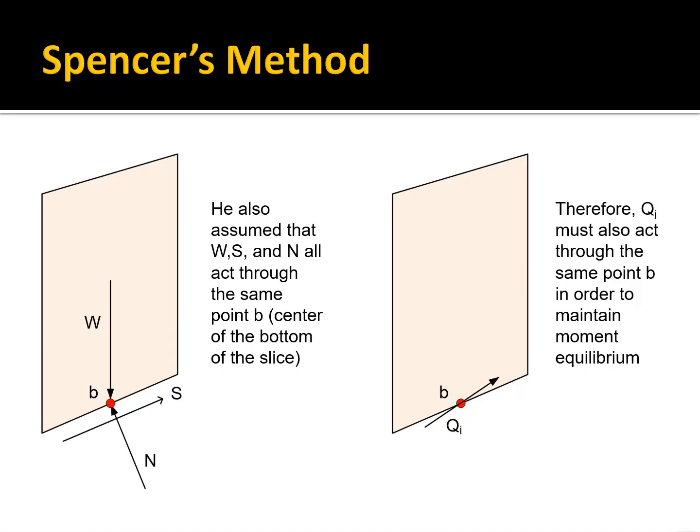Then he assumed that W, S, and N all act through the center of the slice, through point B, which is shown in red there at the base of the slice. Therefore, in order to have moment equilibrium for that individual slice, Qi also has to act through that point B.